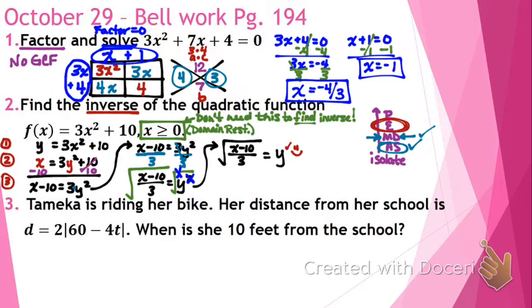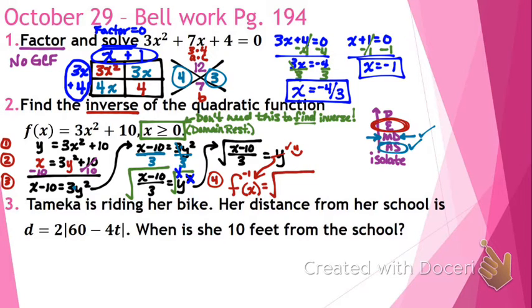Yes, we have to name it. We're going to look at our original function to figure out what the name should be. If this is f of x, f inverse of x. So I have an f with that little -1 and then an x equals, and that takes the place of the y over here. So I don't need a y in this anymore.